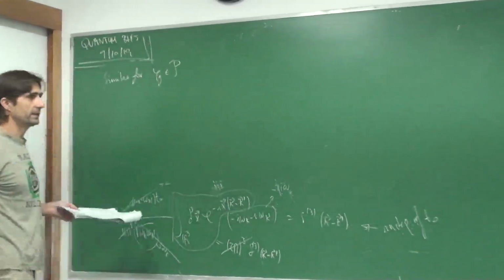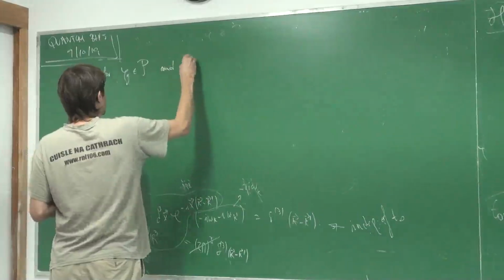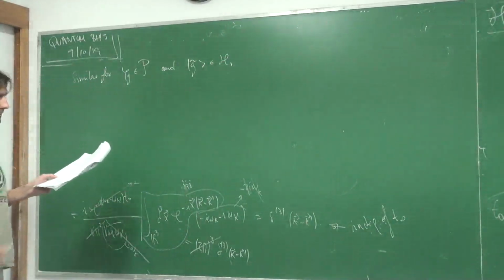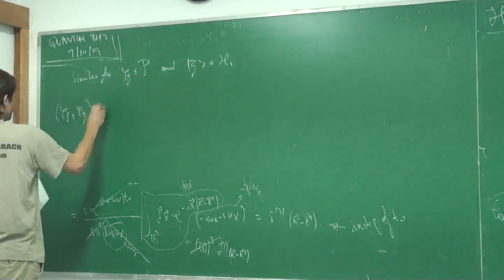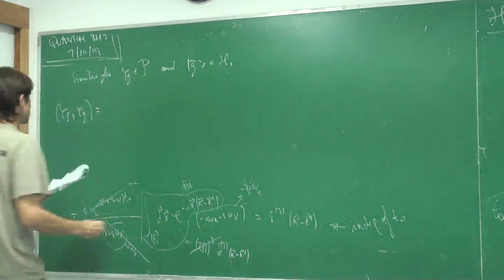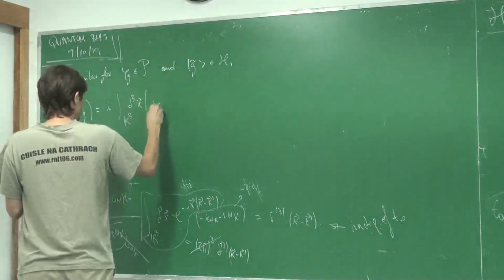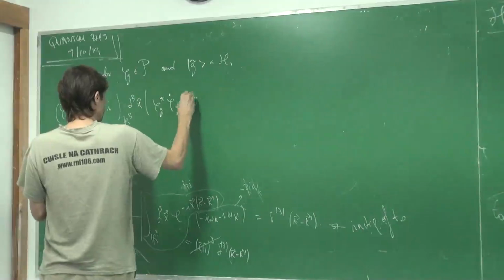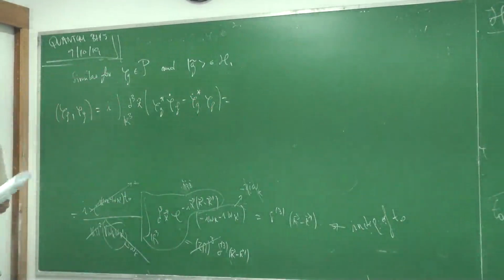Do the same thing for another solution phi g, the one particle state g, and you get exactly the same thing. And now you take the inner product between these two positive frequency solutions. Okay, that's the definition of the inner product.